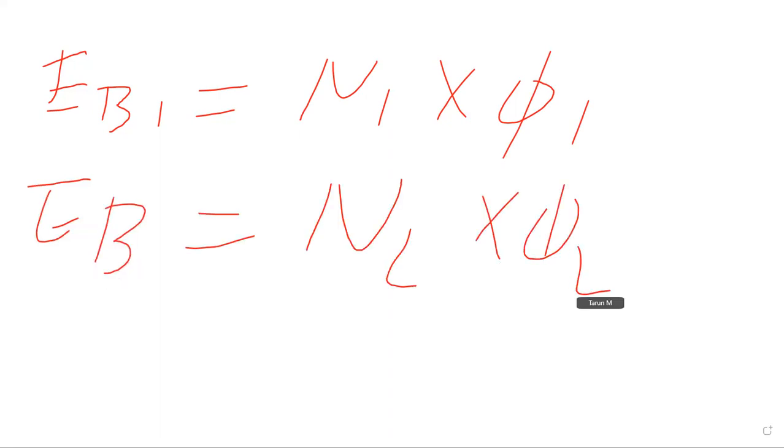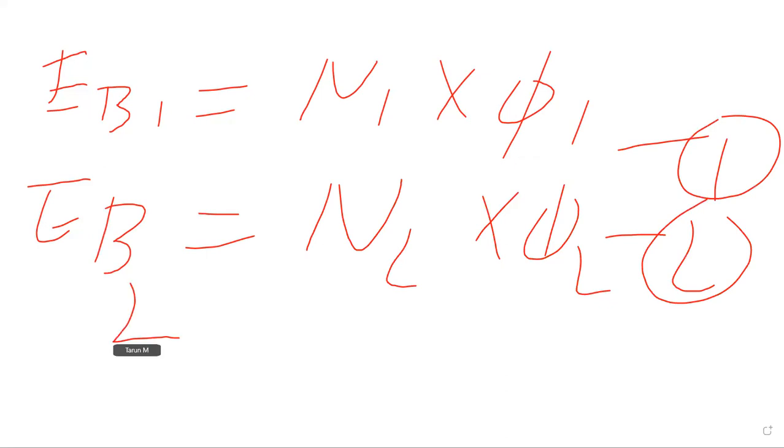Can you divide equation number 2 by equation number 1? Or you can divide 1 by 2 also. EB1 divided by EB2 equal to N1 divided by N2, multiplied by phi 1 divided by phi 2, right? I only did that.